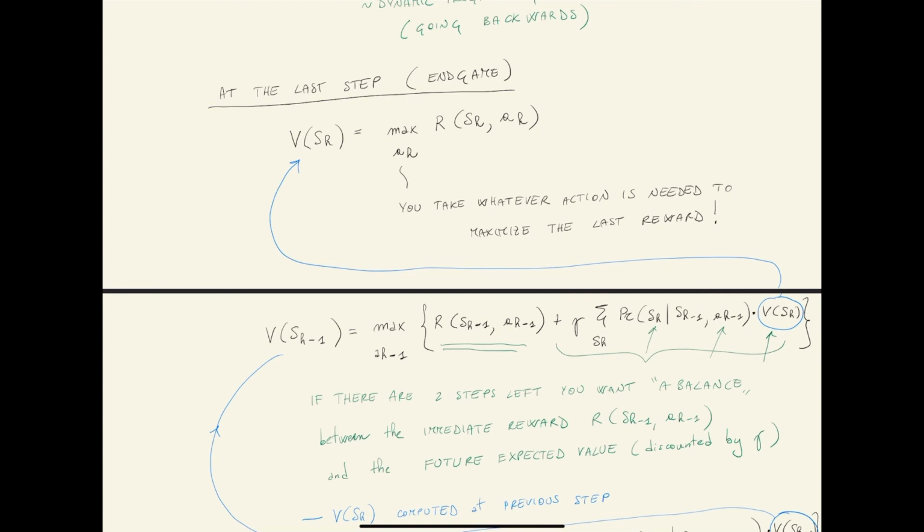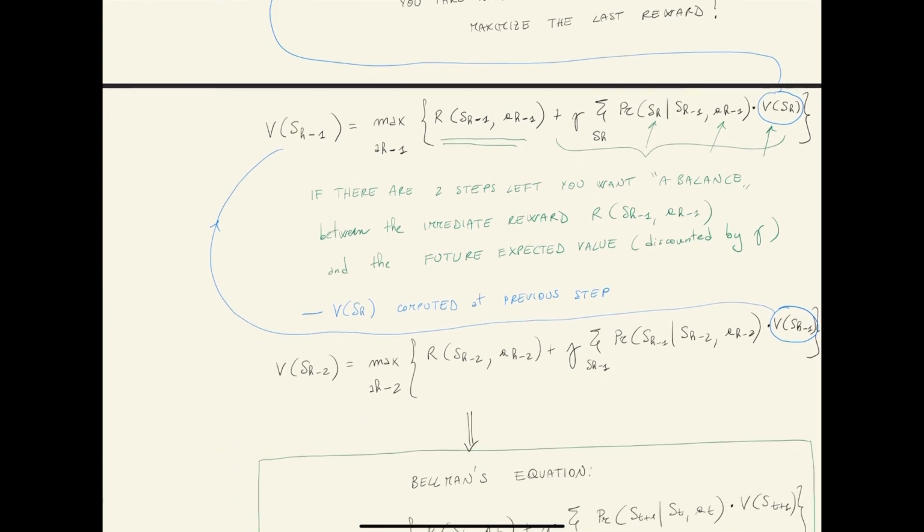And the good thing about this is that we have already v of s h because we imported from the previous calculation that we did. That's why I put this blue arrow here pointing to v of s h. We already computed v of s h at the previous computation step, so we can insert it now, and that's why we are going backwards.